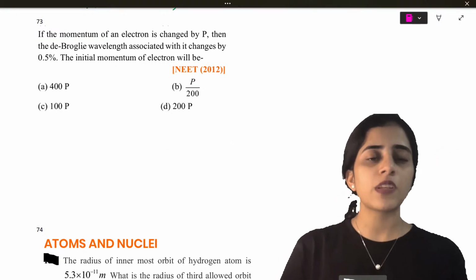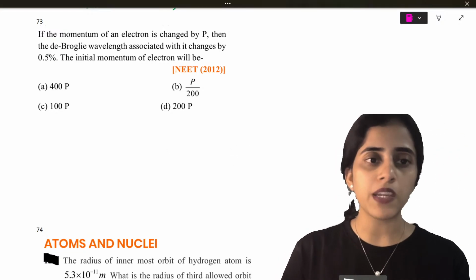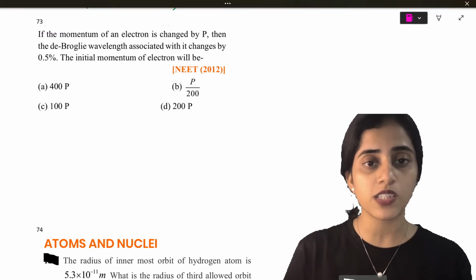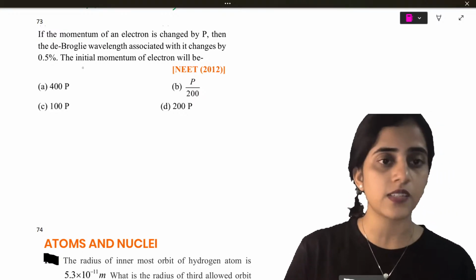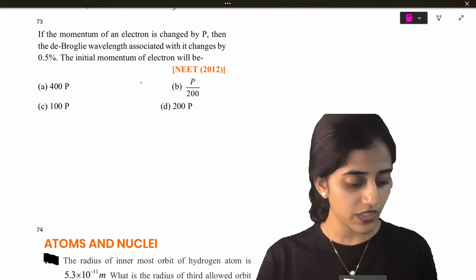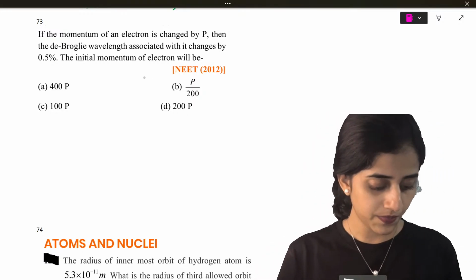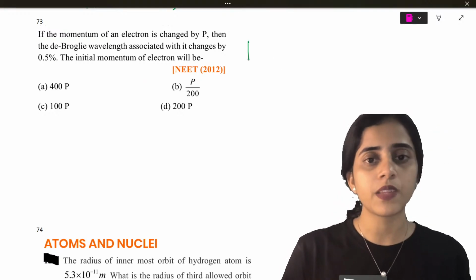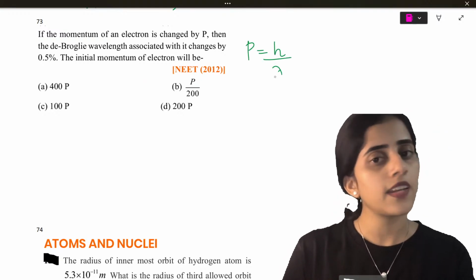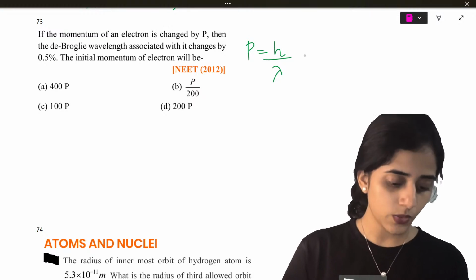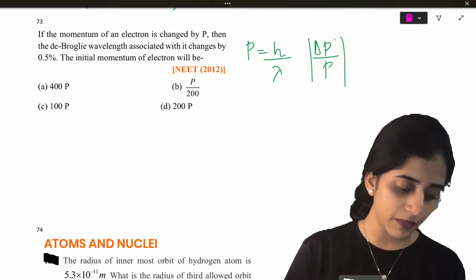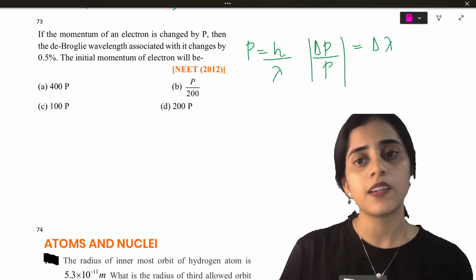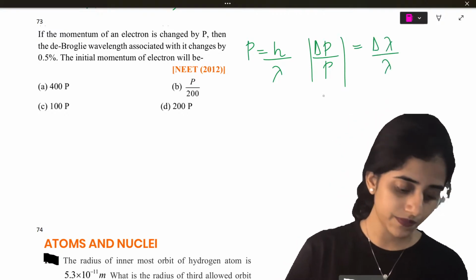If the momentum of an electron is changed by P, then the de Broglie wavelength associated with it changes by 0.5%. The initial momentum of the electron is going to be what? The formula is P is equal to h by lambda. So delta P by P is going to be equal to delta lambda by lambda.